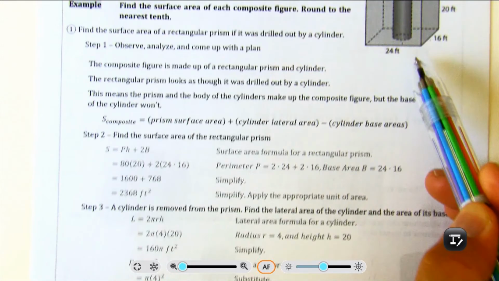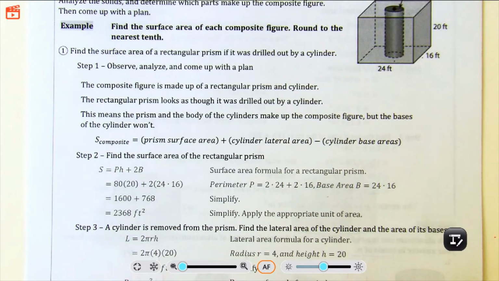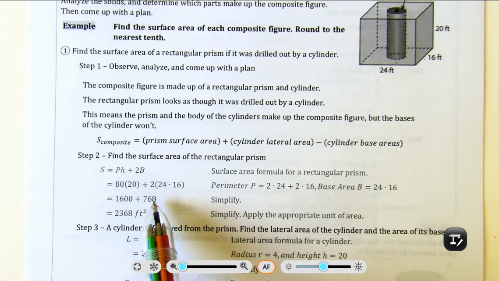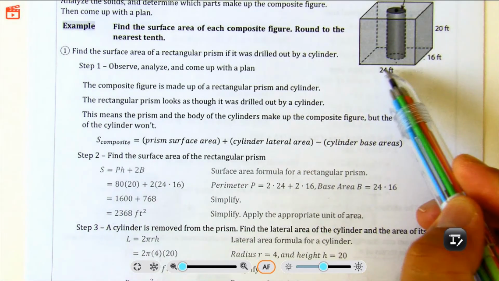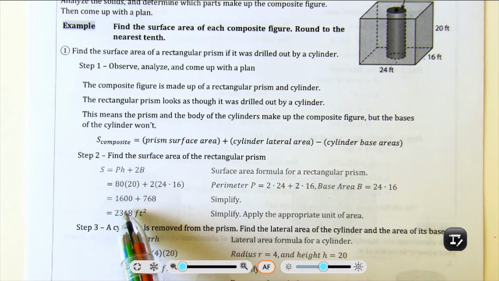The height of the object is 20, and to find the base area, 24 times 16, and then we end up with this part here. So the surface area of the prism is 2,368, and we're going to leave that answer alone for now.